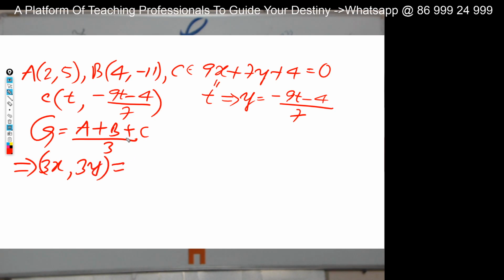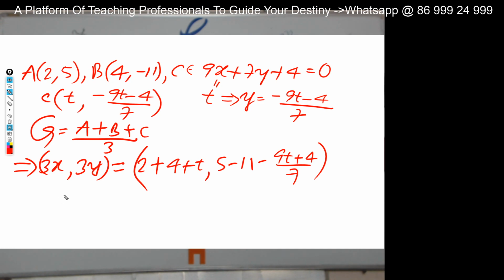is equal to A plus B plus C. 2 plus 4 plus t, centroid, 5 minus 11 and minus (9t plus 4) by 7.